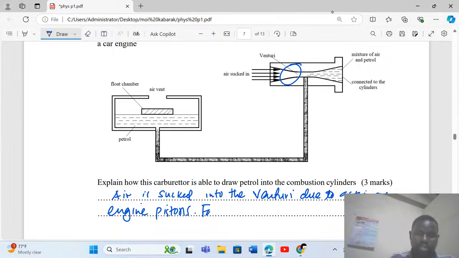Then you are told fast moving air decreases the pressure at that part. Decrease the pressure.